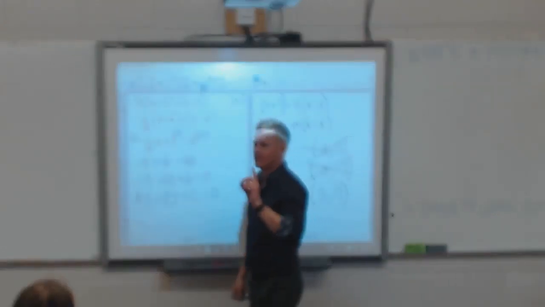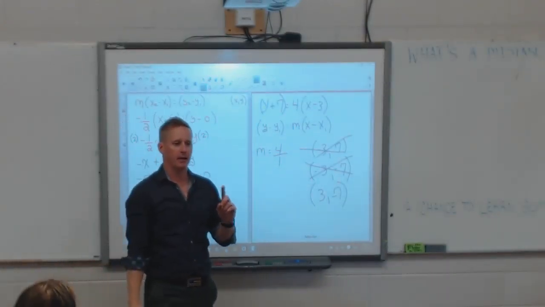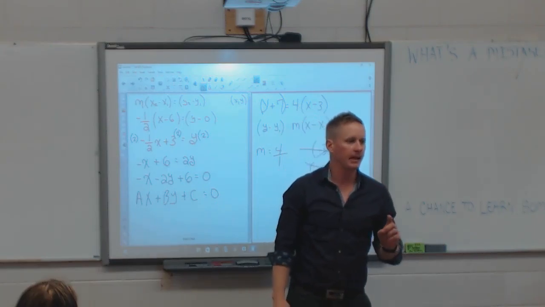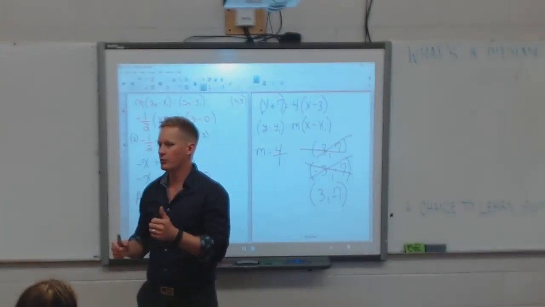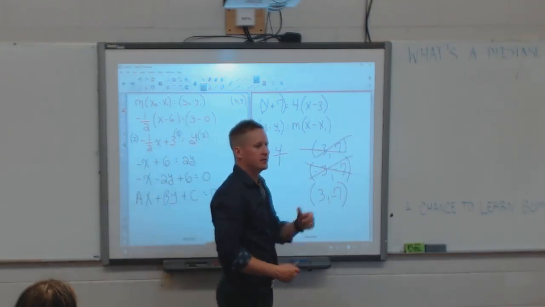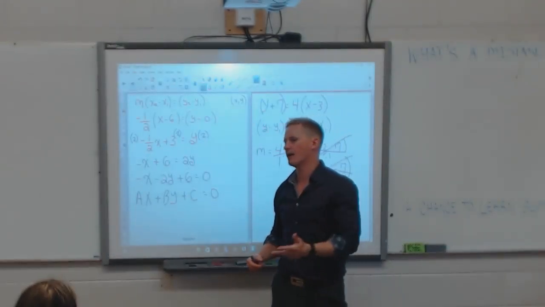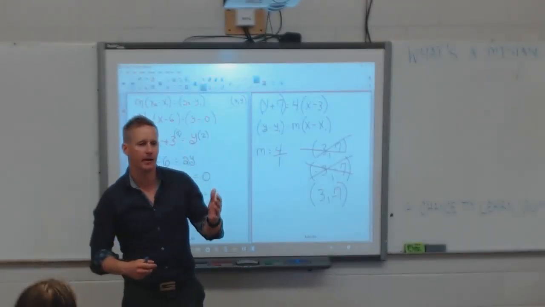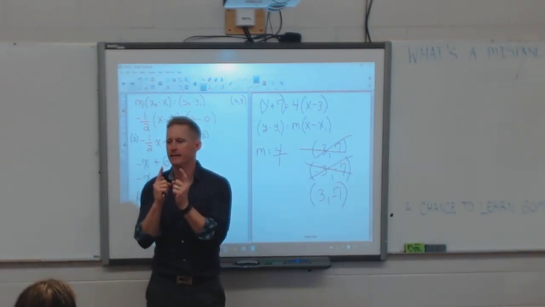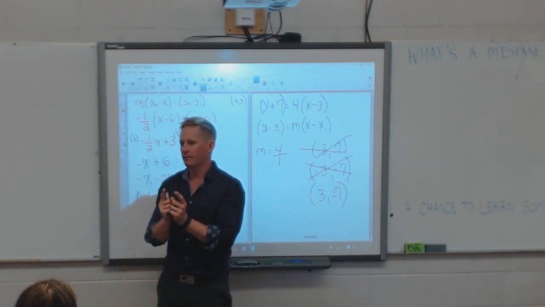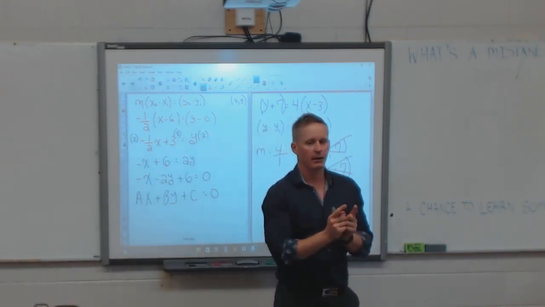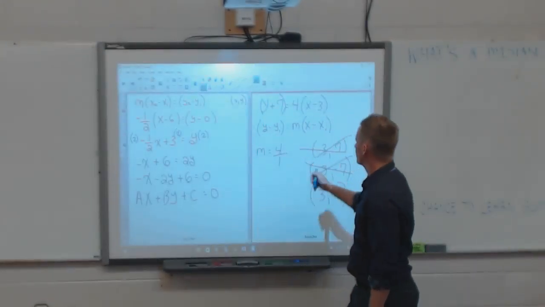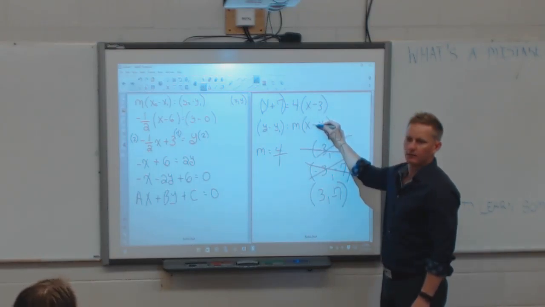Now, this is an extremely important concept to get under our belts because when we graph from here on in, when we do parabolas, square root functions, sine functions, logarithmic, exponential, whatever, if it's inside the brackets, the sign is always going to be opposite to you. It will always be a positive if it's a subtract.